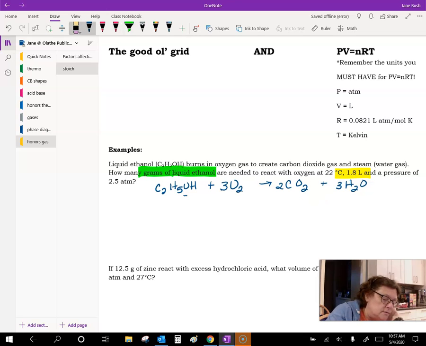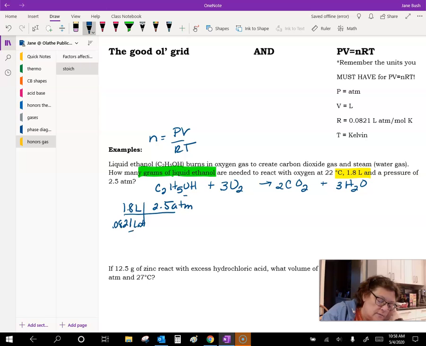All right, so we're going to start with what we know. We know that we have 1.8 liters, and we need to find moles. Remember that moles is equal to PV over RT. So we have our volume, we have our pressure, we have 0.0821 liter atmospheres over mole Kelvin, and our 273 plus 22 would be 295 Kelvin.